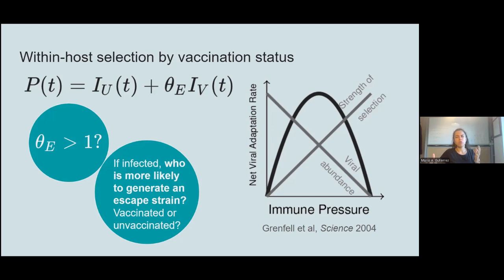With which of them are you more worried that they might lead to a mutation that generates the next variant of concern, maybe for COVID? People tend to say it's vaccinated individuals because there's selection for those escape strains in them, and that is true. As we increase the immunity in the host, there's more selection towards this escape mutation, so they are more likely to be transmitted onwards to other hosts.